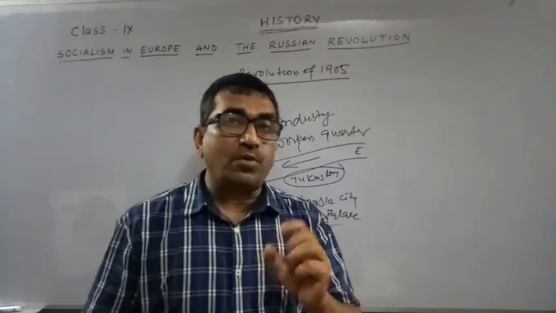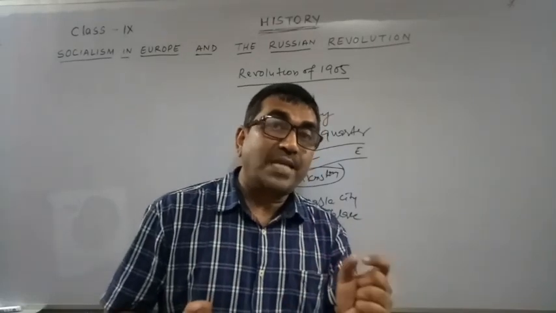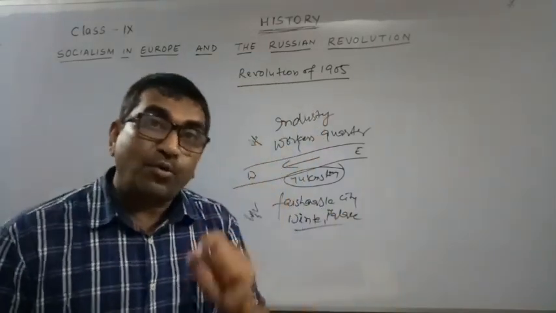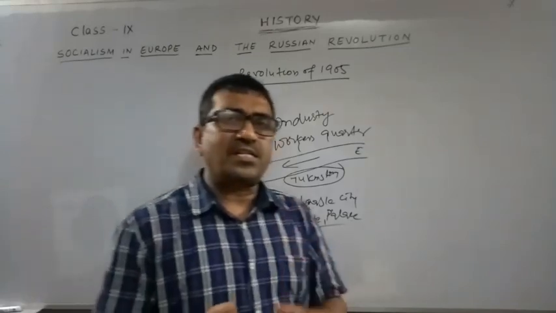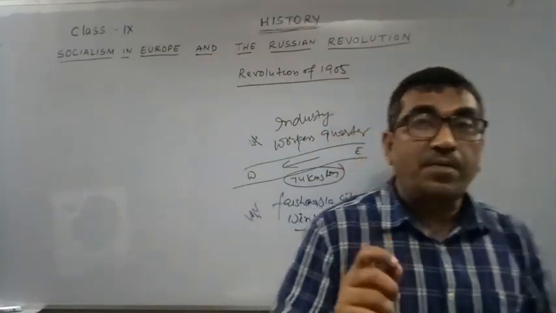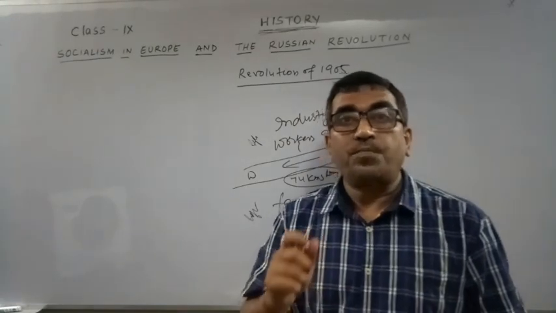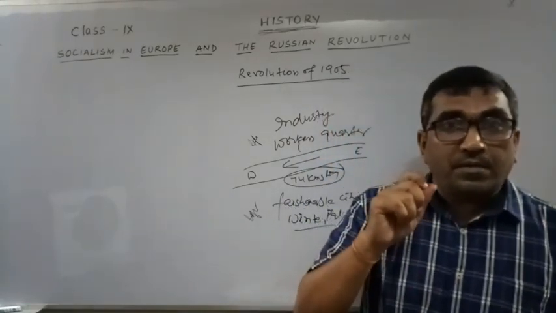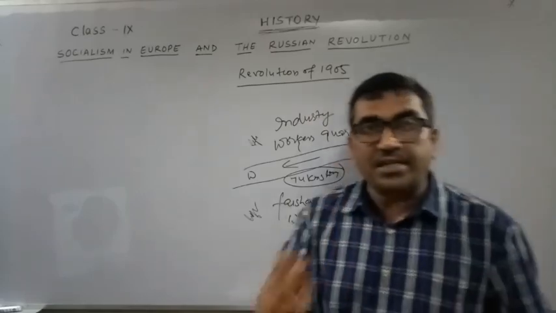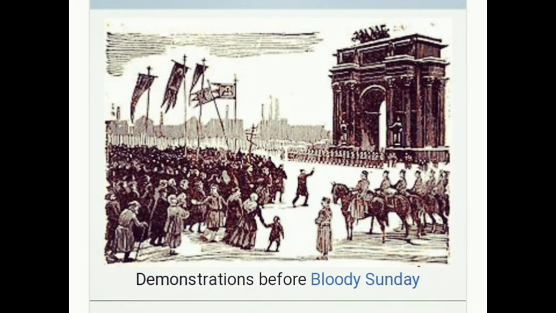Later on we will tell you that Father Gapon was assassinated by the revolutionaries. And why was he assassinated? Because they found that he was a spy of the Russian troops. So the revolutionaries assassinated him.